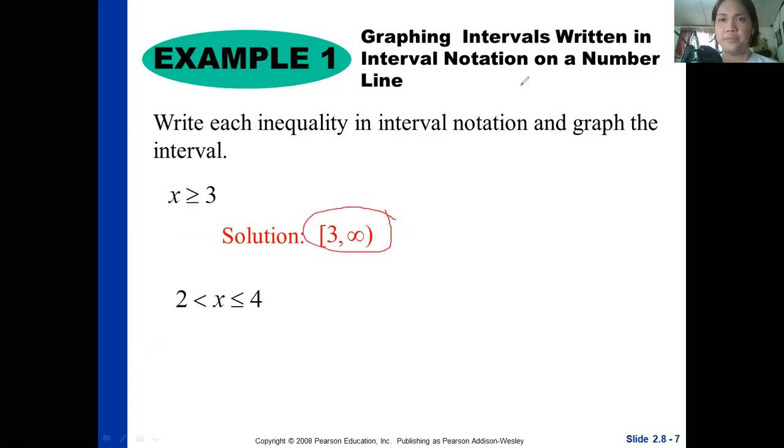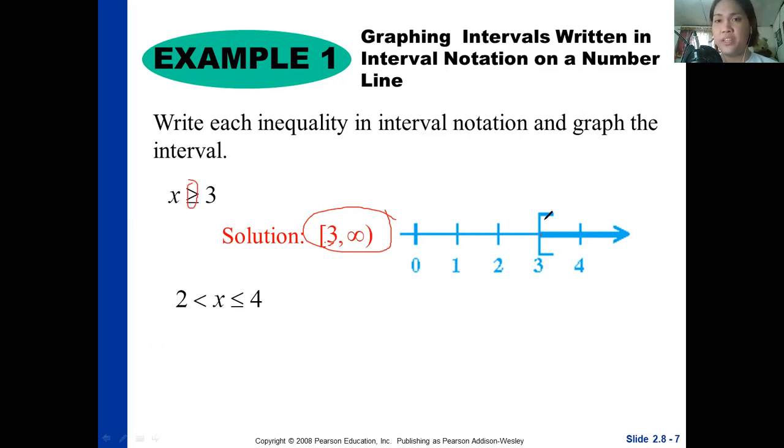Please be guided. So what is the graph of it? Of course, you're going to locate 3. So 3 is here. Since 3 is included, so we use greater than or equal to, right? So in the graph, we can use the brackets. The bracket shows what?